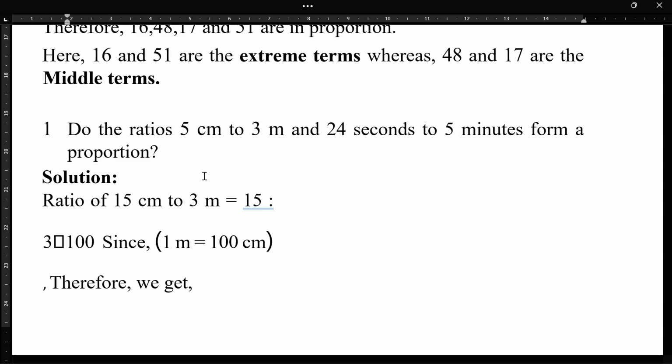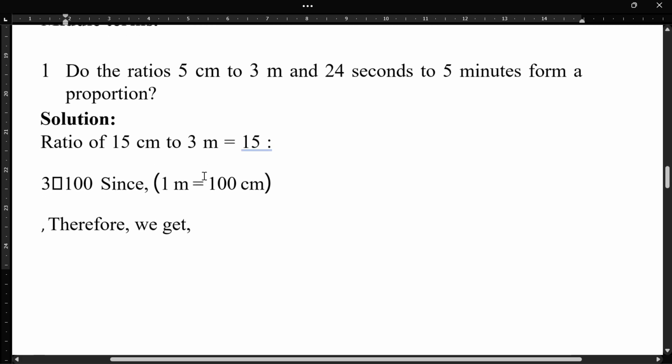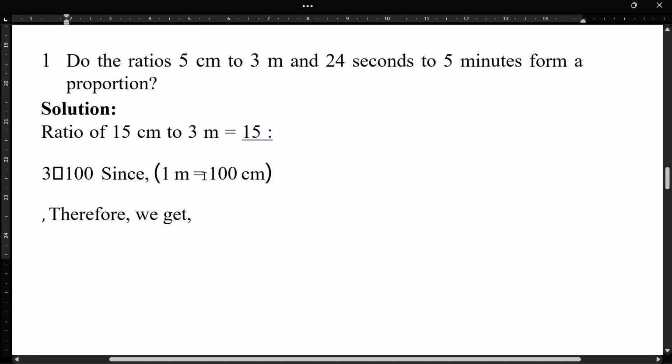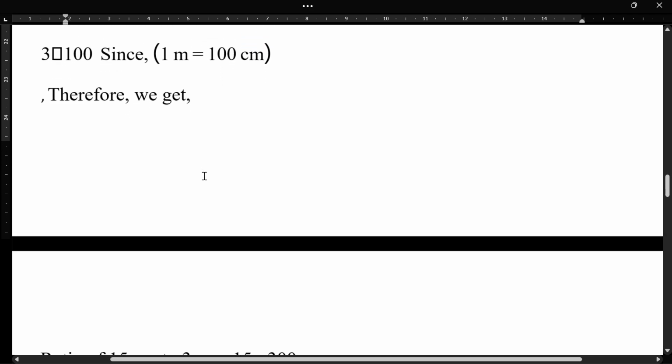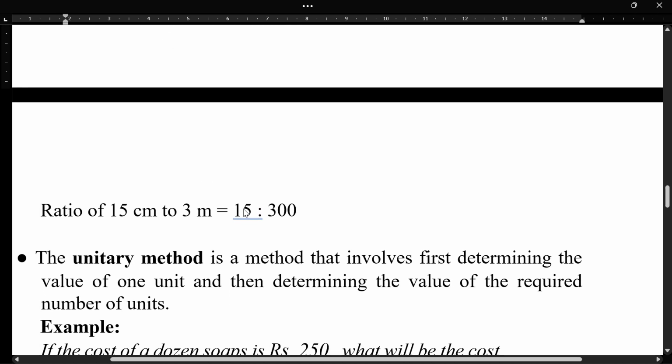We have 15 centimeter and 3 meter. We will convert 3 meters into centimeters. We already know that 1 meter is equal to 100 centimeters. We will convert 3 meter into 300 centimeters, and the ratio of 15 centimeter to 300 centimeter will be 15 ratio 300.